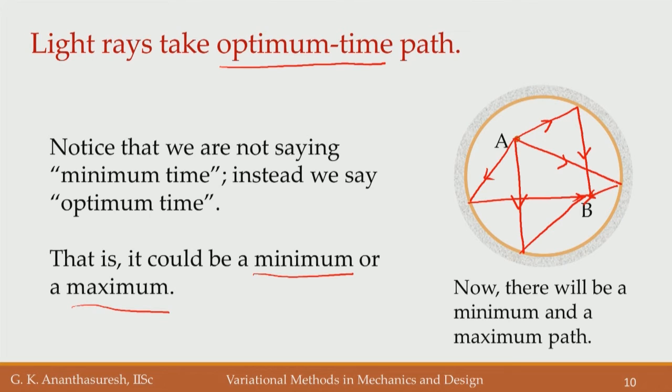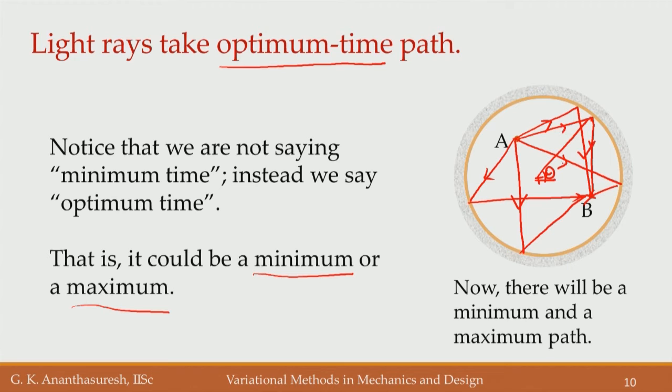Of all of these, which one will you take? It turns out if you solve this problem, that is, in order to locate a point, you take this as angle theta and then minimize the time taken with respect to theta. As theta varies, that is where the light will fall there and then come here, right.